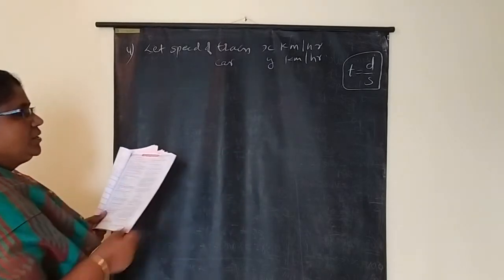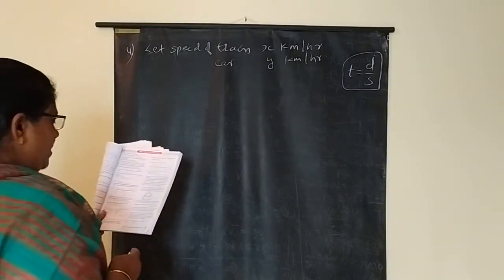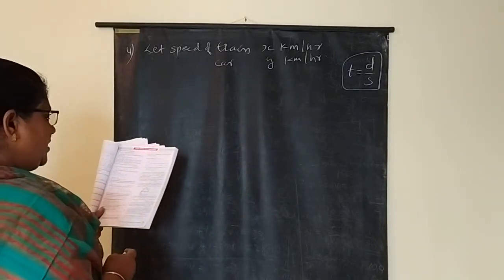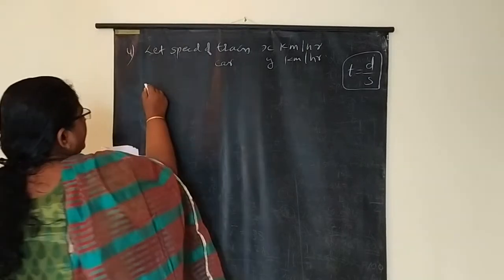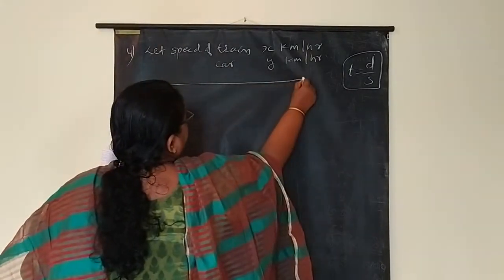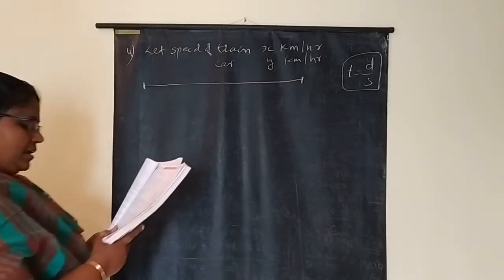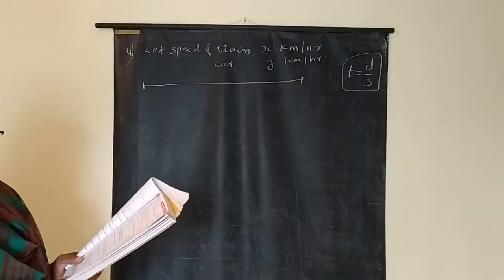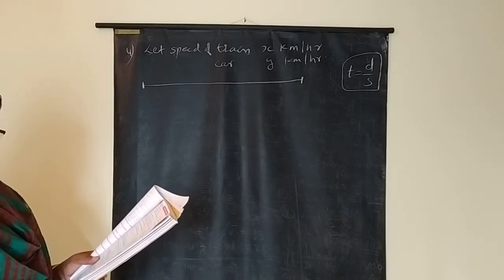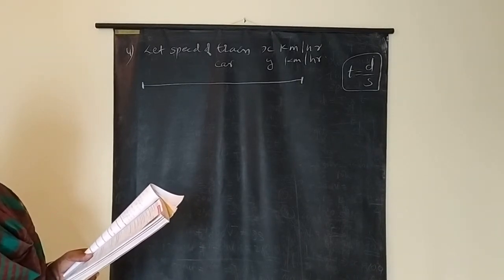Now just to draw the picture. A man travels 600 km. Total how much? 600. So from here to here 600 km. How he traveled? Some distance by train and remaining by car.